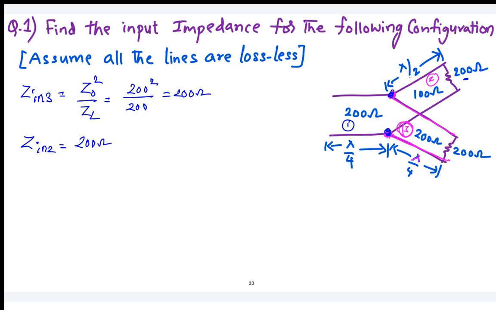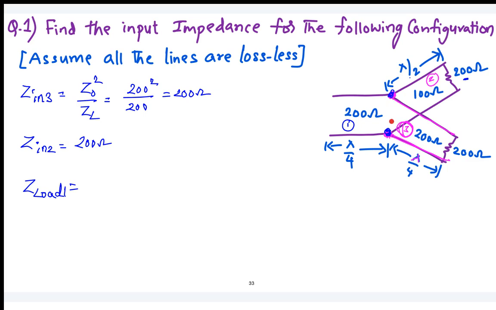Now, what is the effective load for the first one? This is your first transmission line. Can you tell me what is the effective load present here? Open circuit? No. You can see the diagram. At this particular branch, there are two branches which are going out. Both are in parallel. Very good.